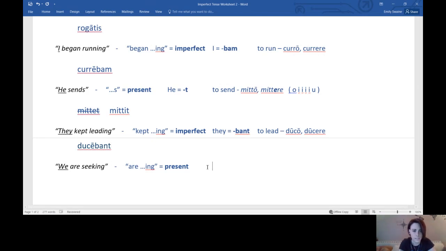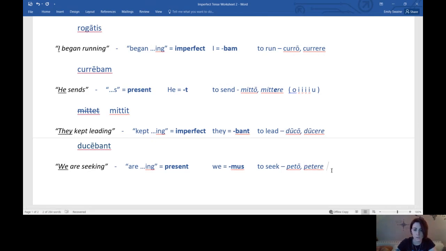All right, and then last, "we are seeking." So our seeking is present tense. "We" is our subject. So it's not imperfect, so we're not going to have a BA, so it's just -mus. And then to seek, we have had this word before, peto, petere. Please notice again, it is present tense and it's a short E-R-E.